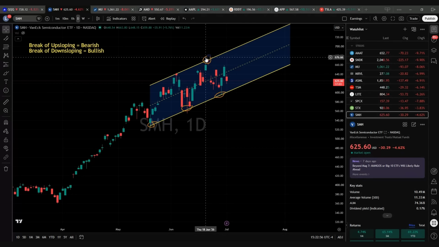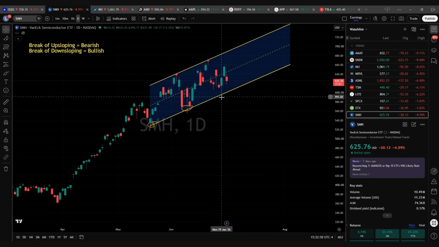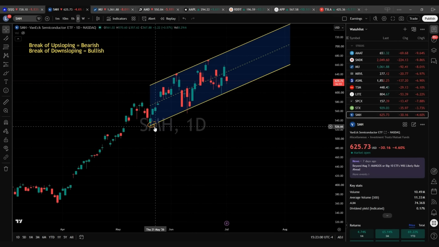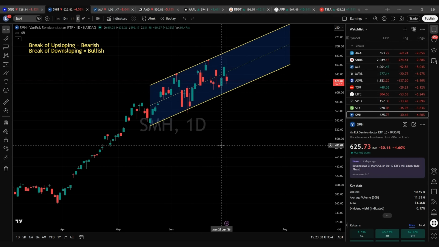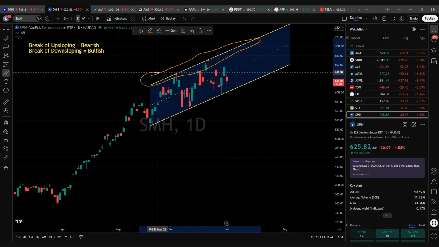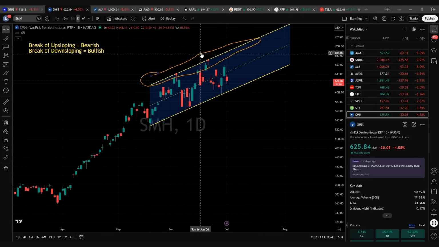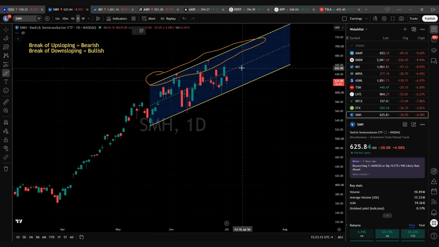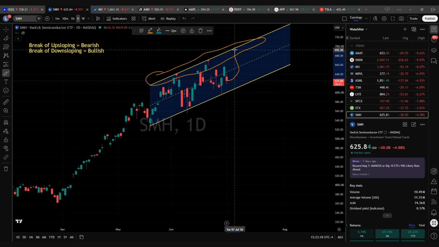Well, what do you do? How can you trade this parallel channel if it's not breaking, like it's not doing right now? Well, there's a couple ways you can trade this. You can use the top trend line of the parallel as resistance. So let's say the SMH continues to push up, get higher.